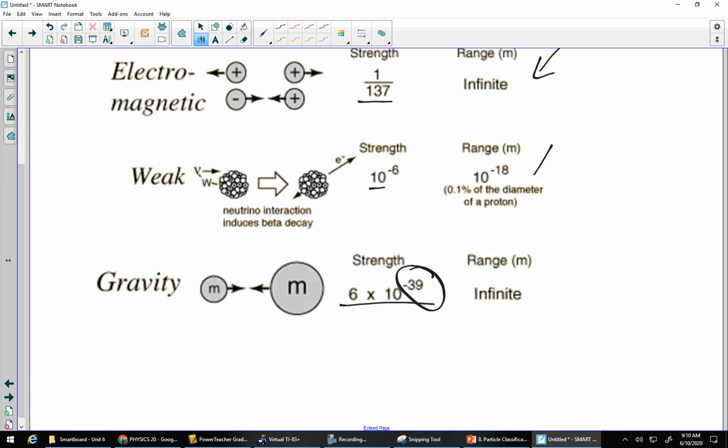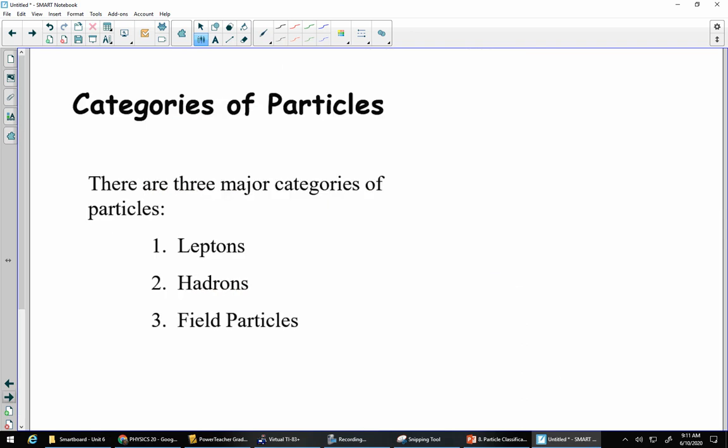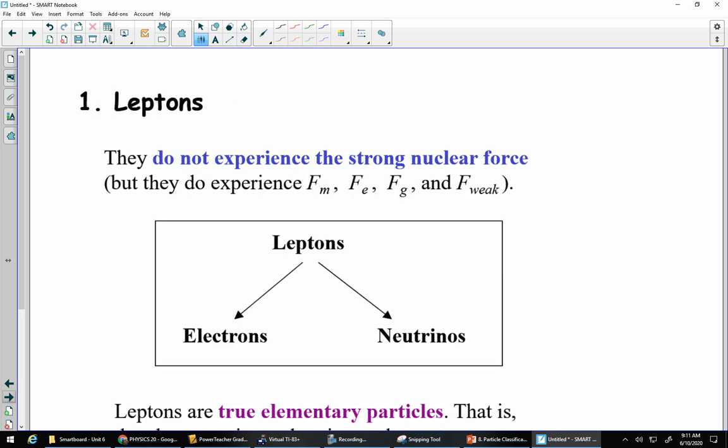The weak nuclear force has an even smaller range, 0.1% of the diameter of a proton, so it only really acts inside of nucleons, inside of protons and neutrons. And then the gravitational force extends out forever and ever, and we've talked about that a little bit before. So the major categories of particles that we're about to talk about are leptons, hadrons, and field particles. Let's jump right in.